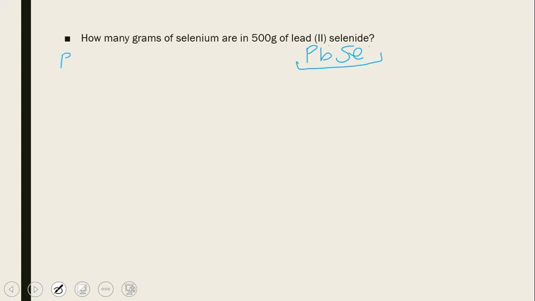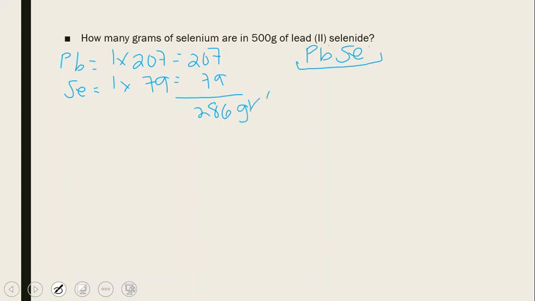Let's calculate the molar mass. Lead is 207 grams and selenium 79. Add this, and this is my molar mass, grams per mole.